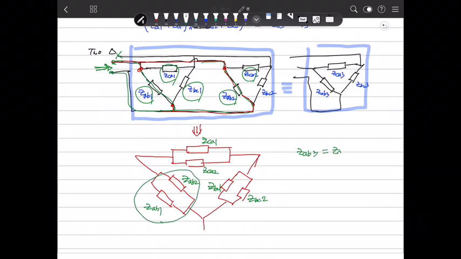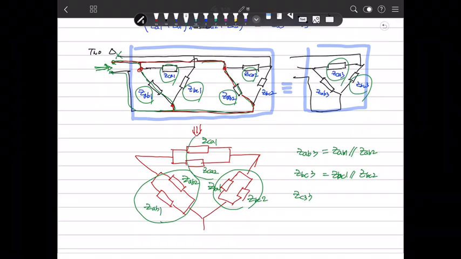This is only GAB1 parallel GAB2. Same way, GBC3 is the same as this term, GBC1 parallel GBC2. GCA3 is the same as only these terms, so GCA1 parallel GCA2.